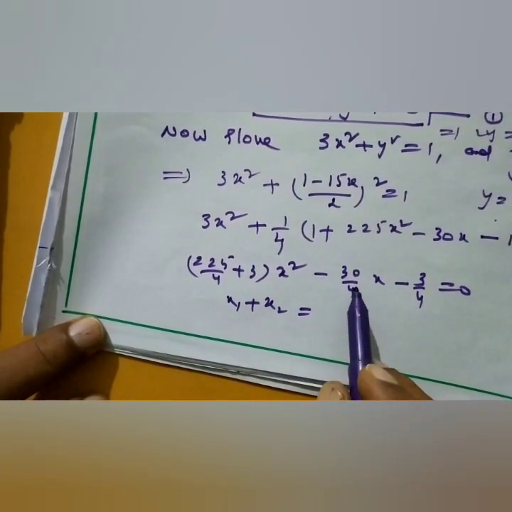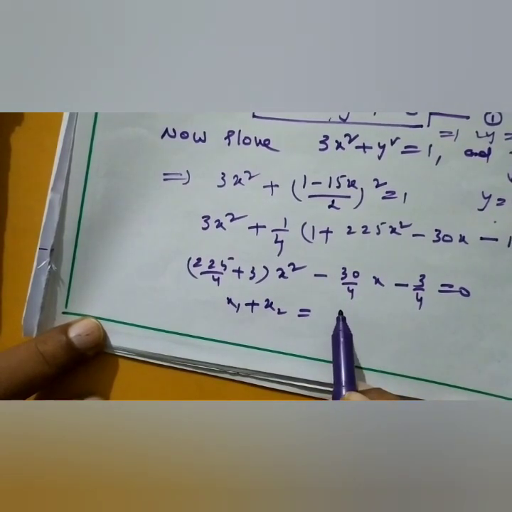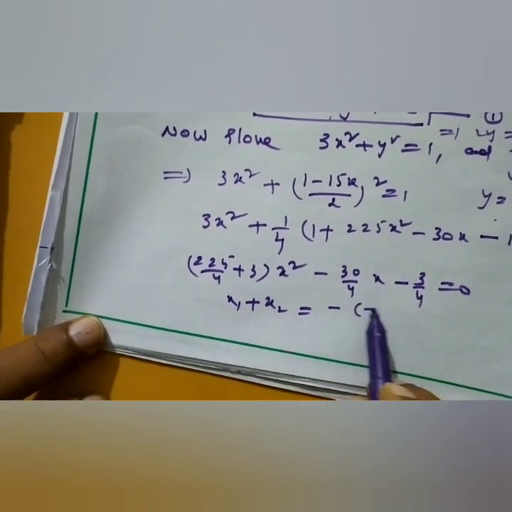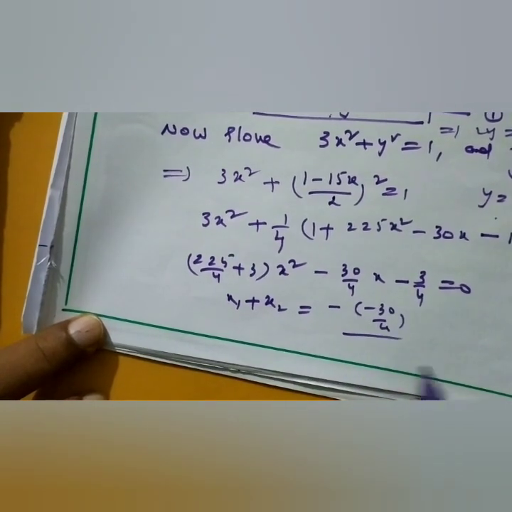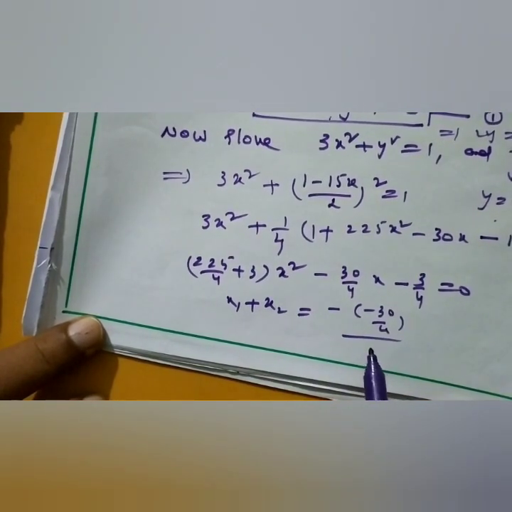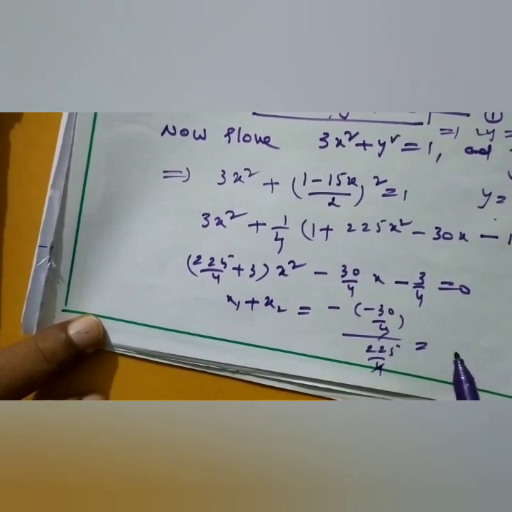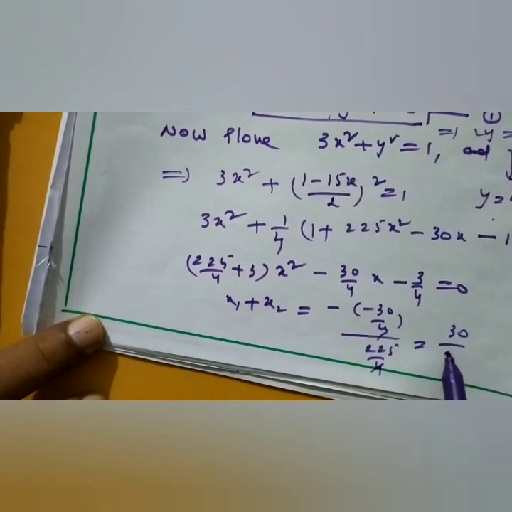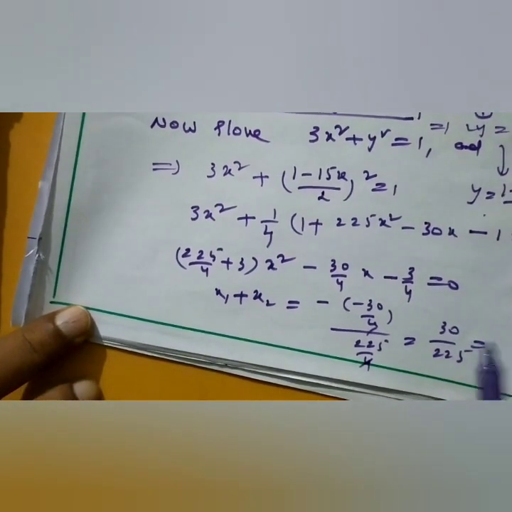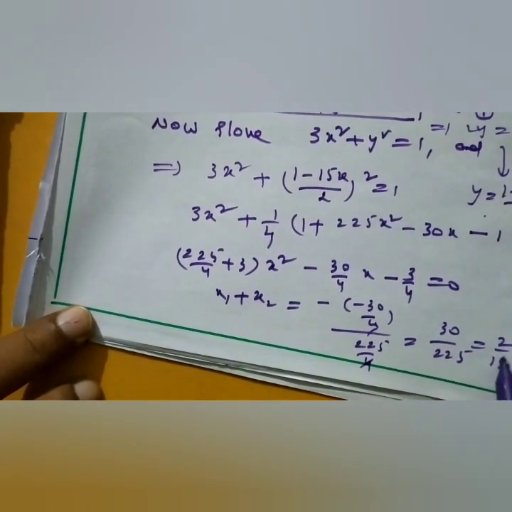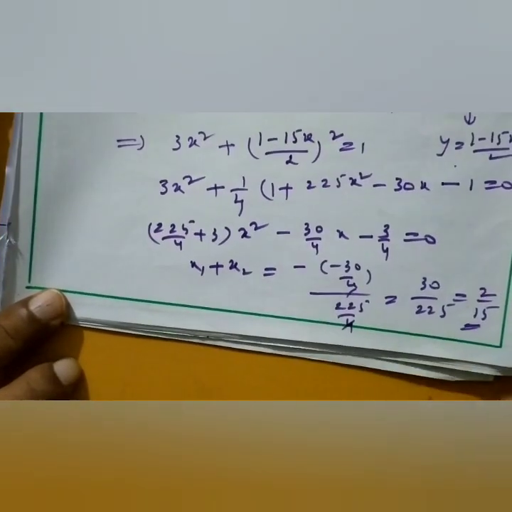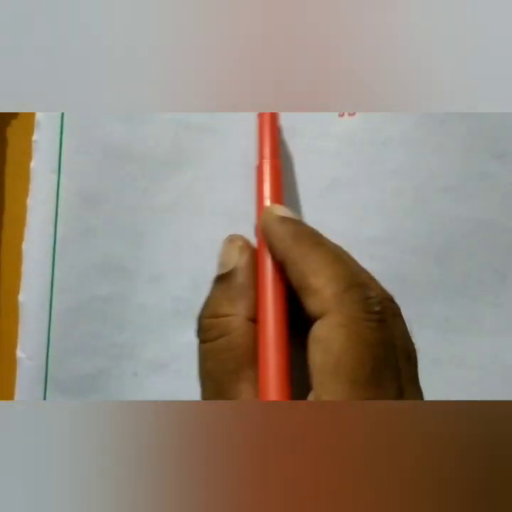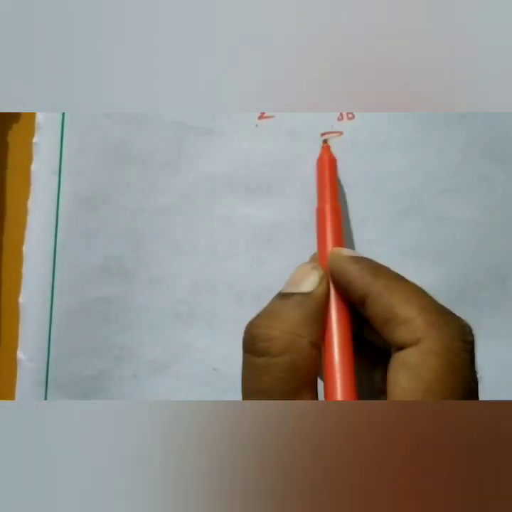Here minus of minus 30 by 4, and a is 225 by 4. The 4 cancels, so we get 30 by 225, which is 2 by 15. This is the sum of the roots. Then (x1 plus x2) by 2 is 2 by 30.